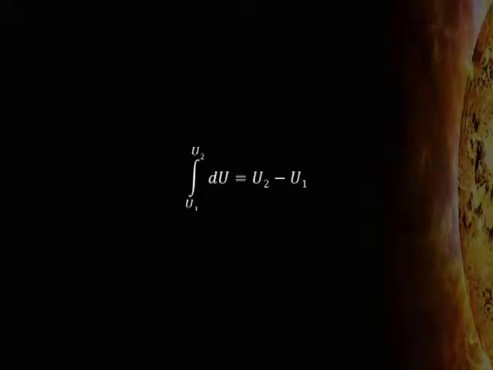Exact differentials can be integrated between the proper limits, but inexact differentials cannot be integrated. We can say that dU is an exact differential, hence integration of dU between the limits U1 and U2 will be equal to U2 minus U1.